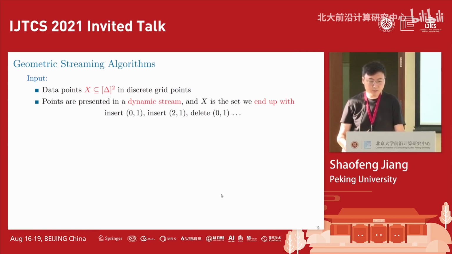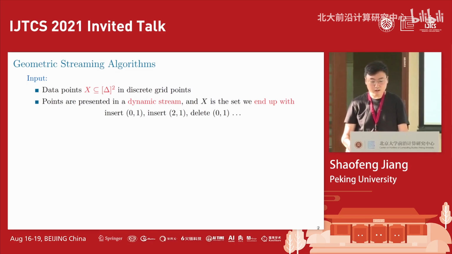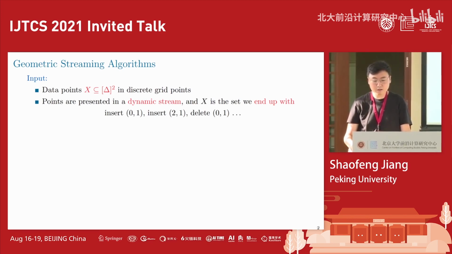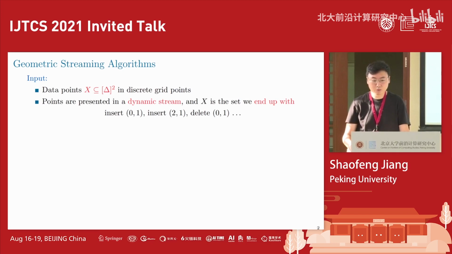And I assume that the points are presented in a dynamic stream, and the data set X that we care about is the set that we end up with. Let's look at an example. The dynamic stream could look like the following. You could insert a point, let's say (0,1), and then insert (2,1), and then delete (0,1) again. So eventually what you end up with is the point (2,1) only.